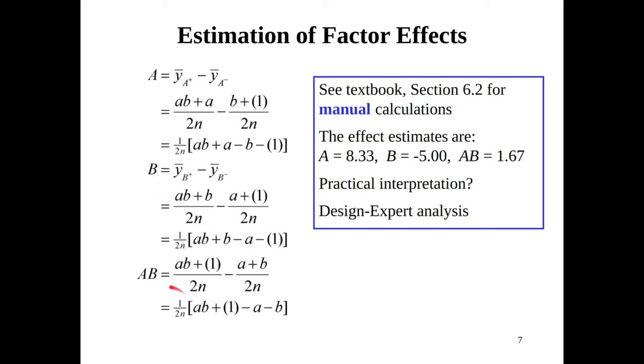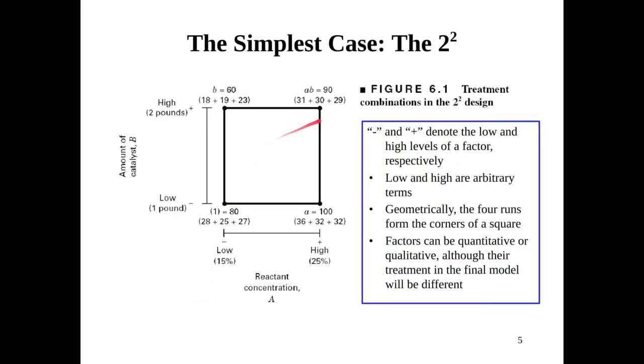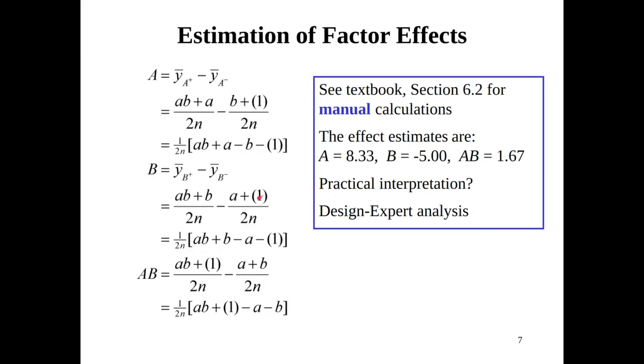Now, what about the interaction effect? For the interaction effect, you take the average of these diagonal six readings and subtract the average of these diagonal six readings. So you will see AB plus 1 divided by 2n minus A plus B divided by 2n. Same formula, as I was talking about.